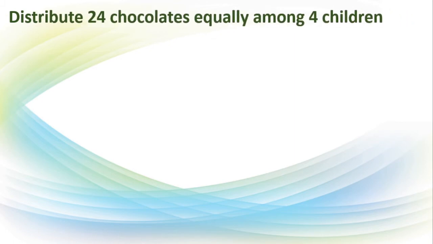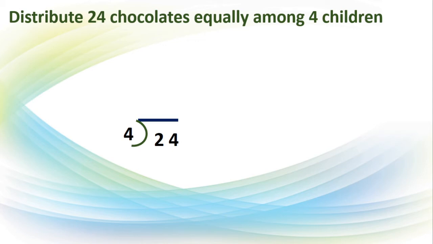Distribute 24 chocolates equally among 4 children. How many chocolates are there? 24. Okay, we have to divide these 24 chocolates among 4 children. So 24 divided by 4. Right?